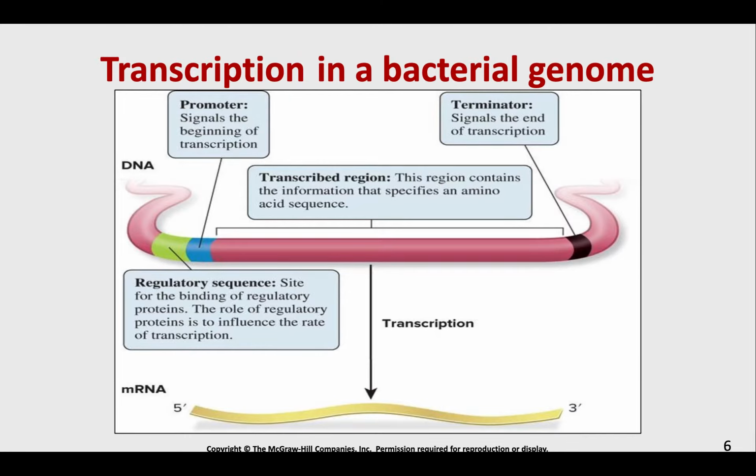We also have a region of regulatory nucleotides that regulate how fast we are transcribing our mRNA. It can upregulate this, make it transcribe faster, or downregulate it. That's all we're going to go into for that. If we talked more about epigenetics, we would go a little further into regulatory sequences.